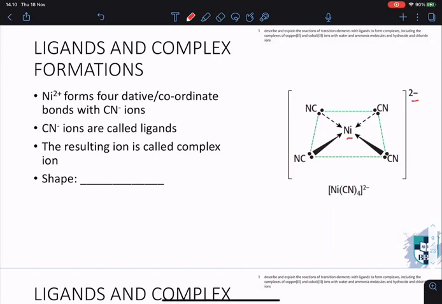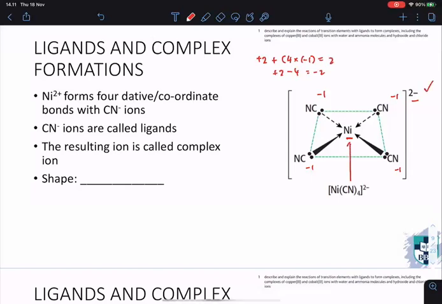The reason is similar to what I explained just now. This one cannot be 2- for the nickel, because the cyanide ion is -1, -1, -1, -1. If the nickel is +2, then you add 4 times -1, you get +2 minus 4 equals -2, which is this one.